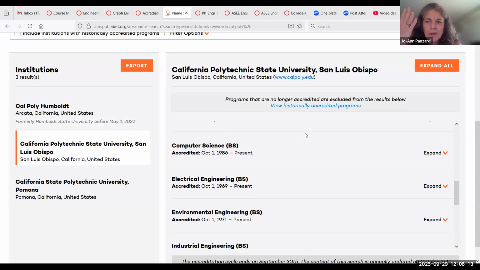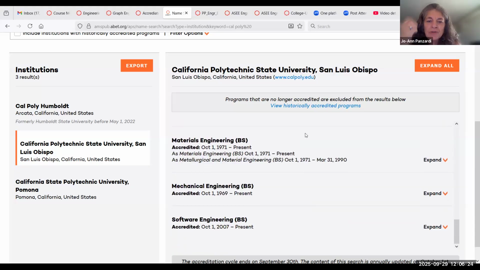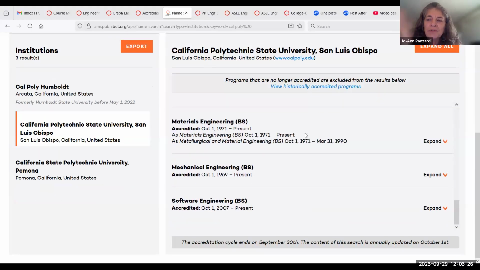Like they don't study laws like gravity. They're really designing things. So computer science is really engineering. And then electrical engineering, environmental engineering, industrial, manufacturing, materials, mechanical, and software. So if I counted it right, there are about 13 fields of engineering, departments of engineering at Cal Poly that are ABET accredited. So this is really a great way of determining which schools you might want to go to.